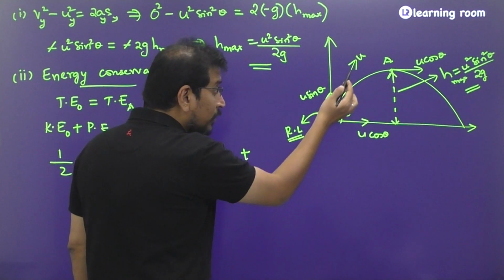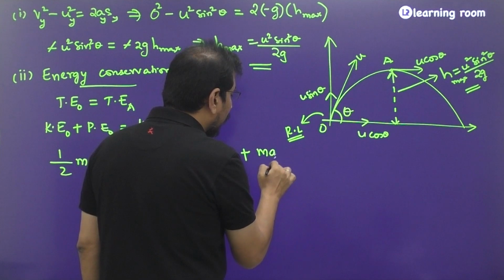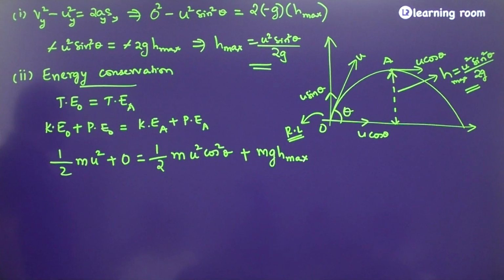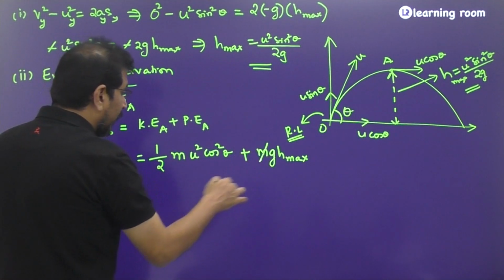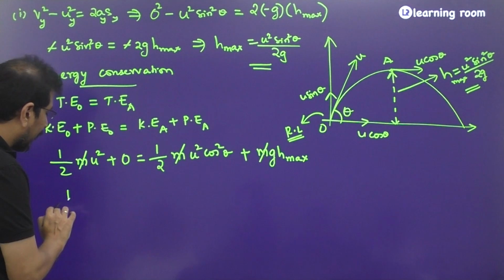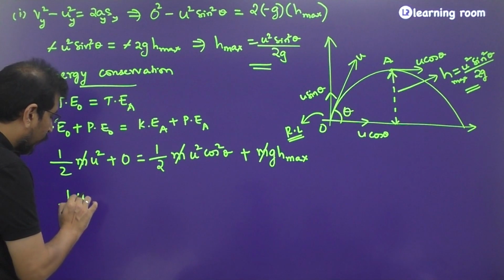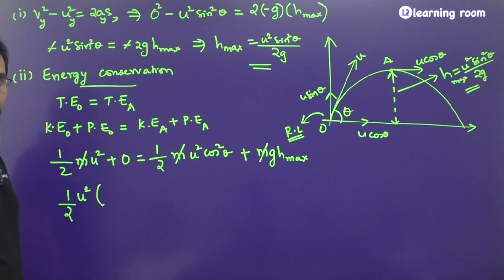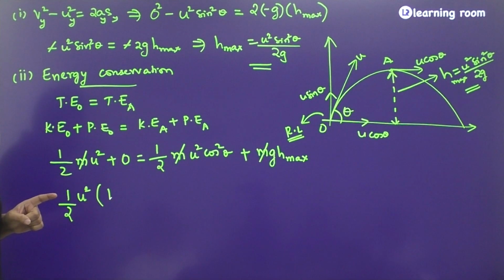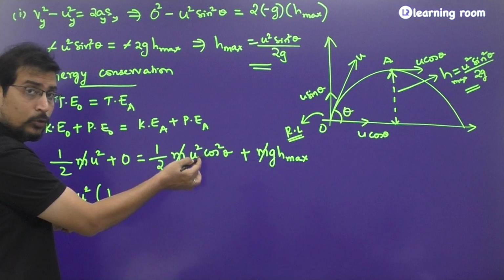Plus the potential energy at point A, which is mg into h max. So m gets cancelled. Half u square I leave as it is. If I take u square common, here the value is 1 and here the value is cos square theta.